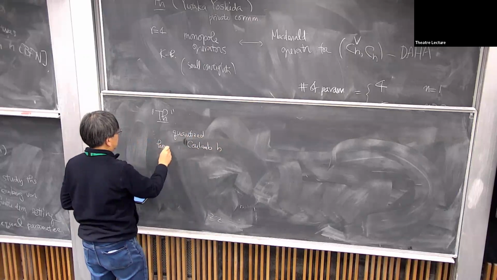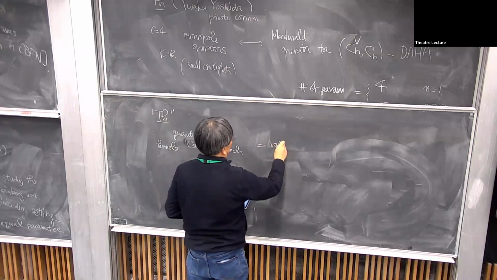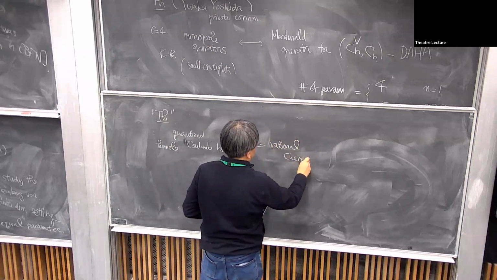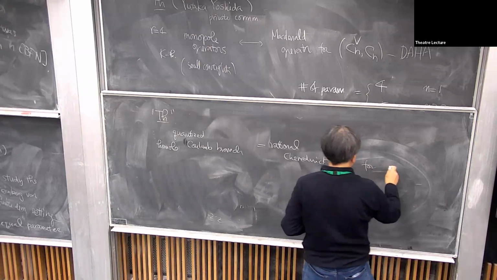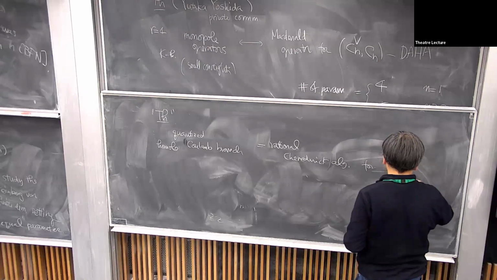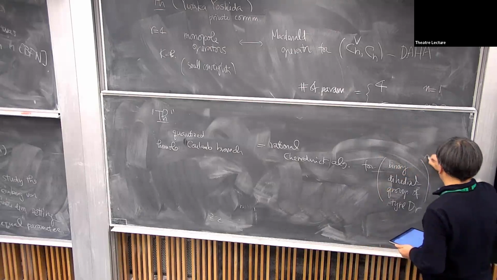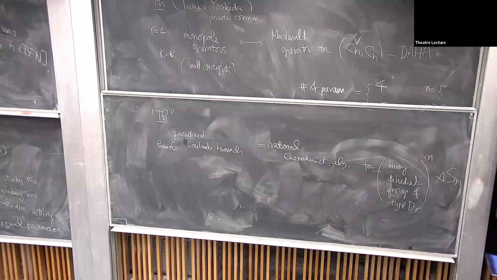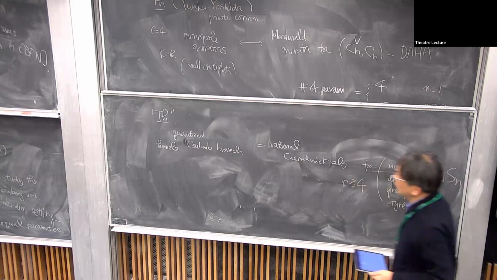Homological one. For binary dihedral. Here. And this one. For R greater than 4.